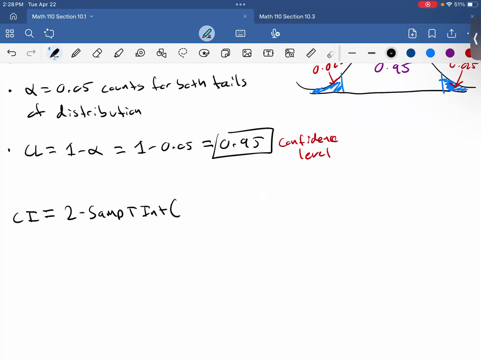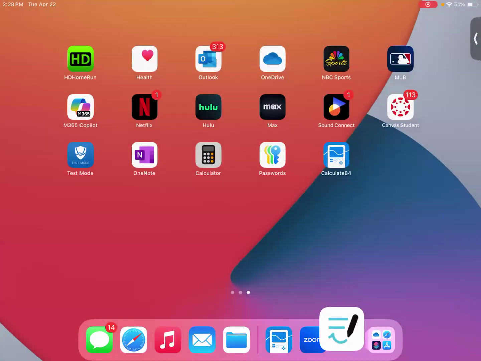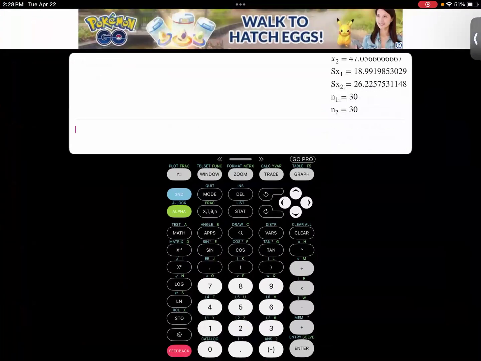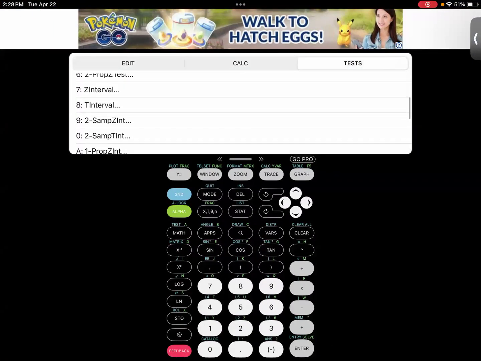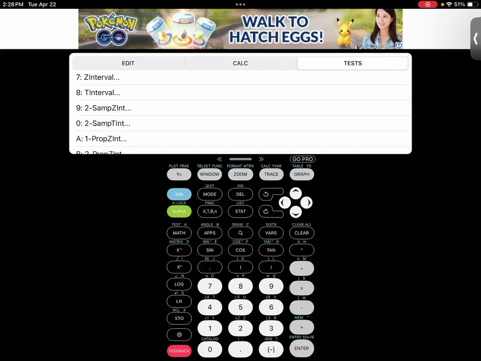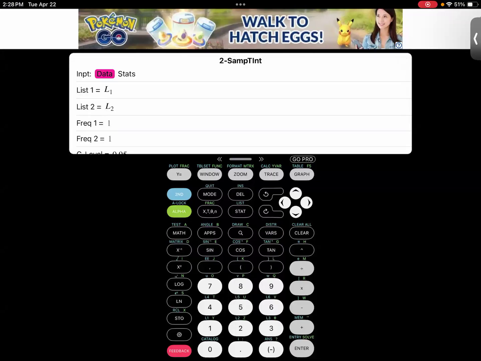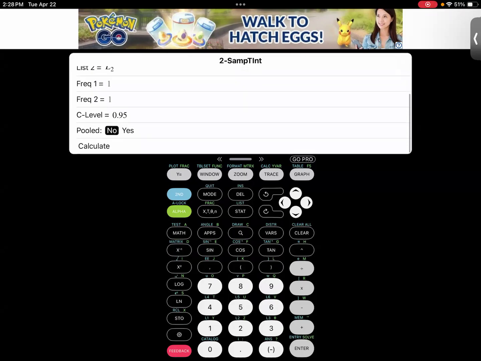So let's go to our calculator and see what we need to use for that. For 2SampTInt, we've got to go to stats, tests, and scroll all the way down. See the option 0, 2SampTInt. Still using data. We still have our list ready to go, and we need to change our confidence level to 0.95. Luckily, it's already 0.95 right there, so we don't have to change anything.